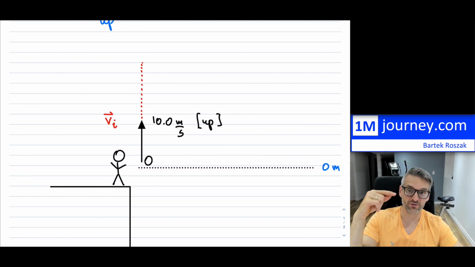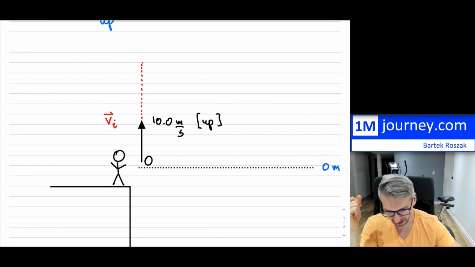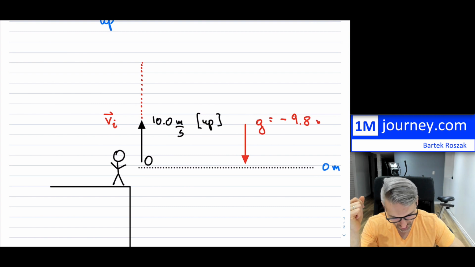Then it's going to keep traveling, but what happens here is that you have your acceleration due to gravity. Your g right here is pointing down, so this would be minus 9.8 meters per second squared, with respect to the reference of up.